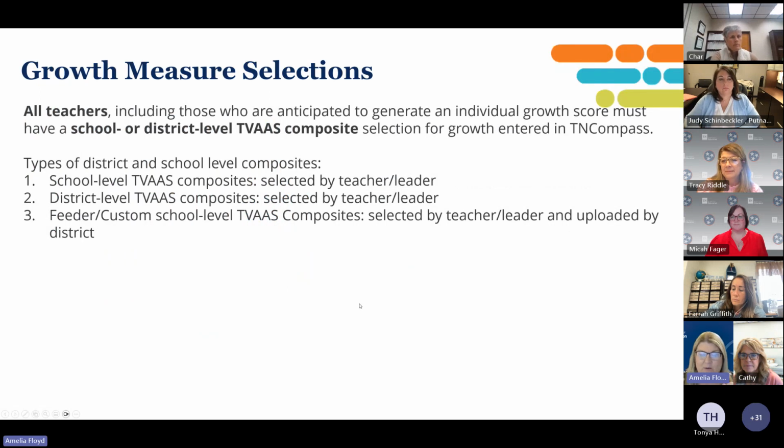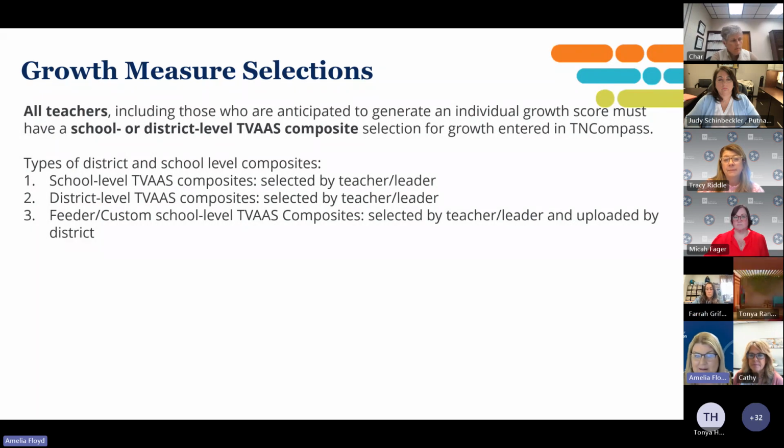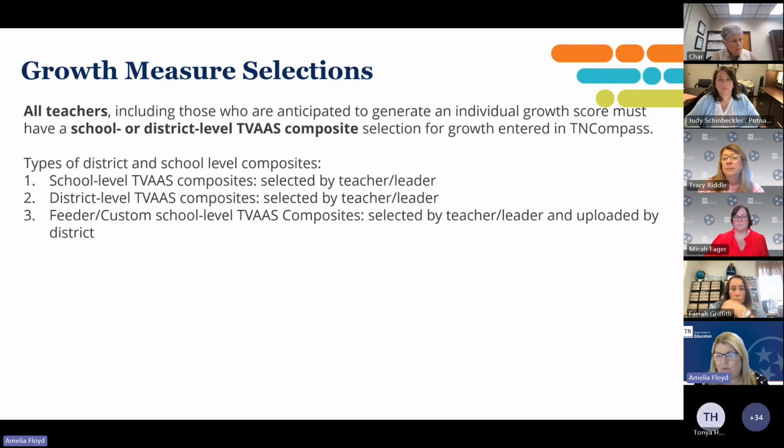The first thing is, remember, all teachers, including teachers who you expect to get an individual growth score from a student growth portfolio or the alternative growth measure universal reading screener, must have a district or school level composite selected in TN Compass. This is what we consider the backup measure in case, for whatever reason, a teacher doesn't roster enough students to generate their own individual growth score or something like that.